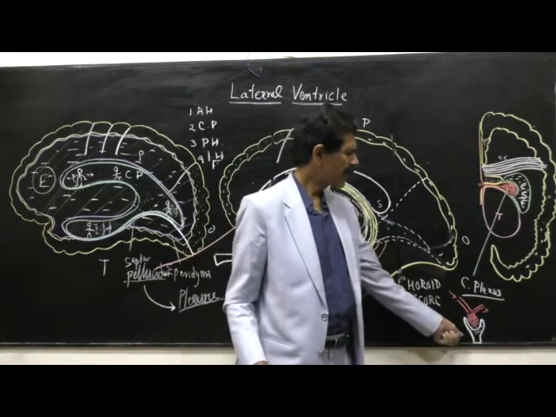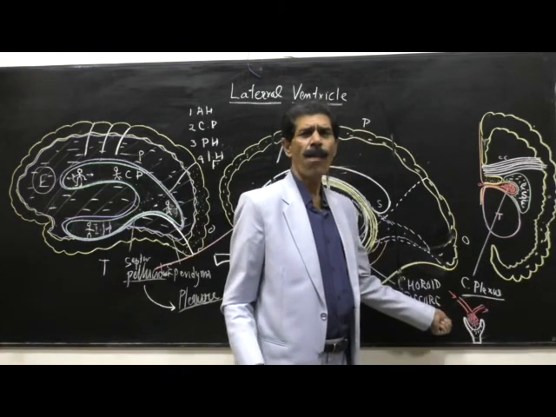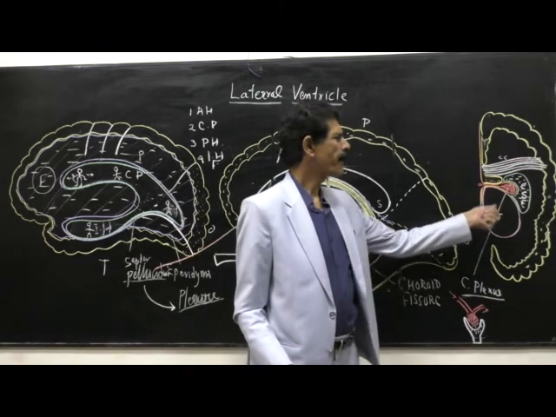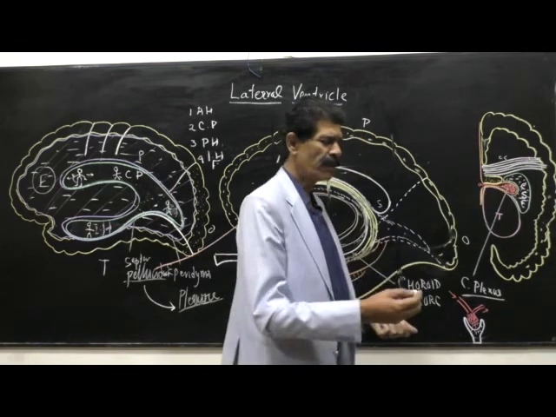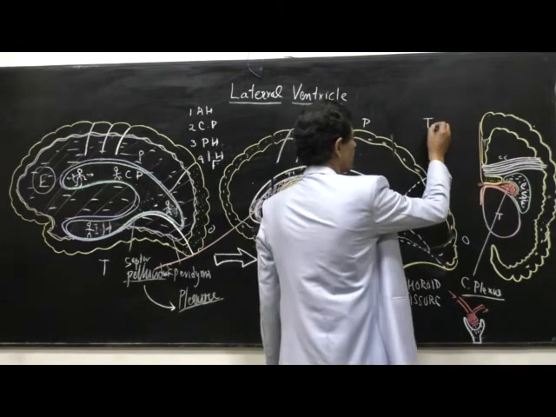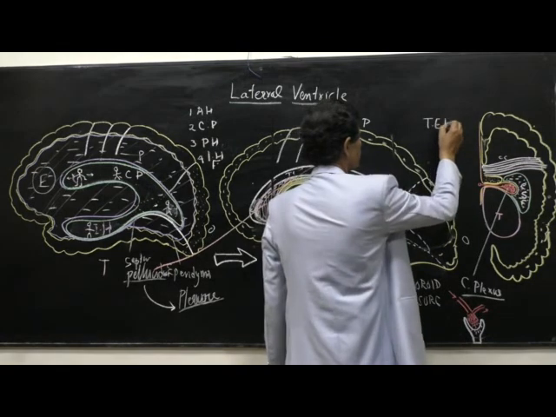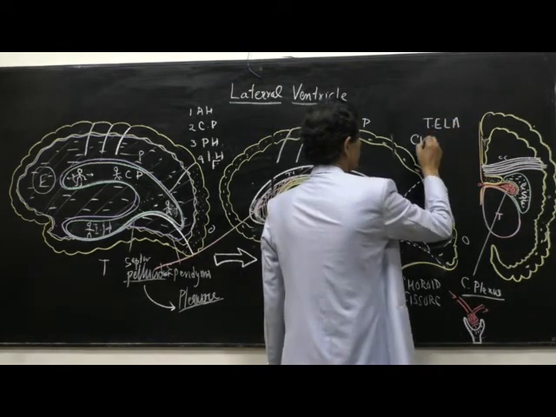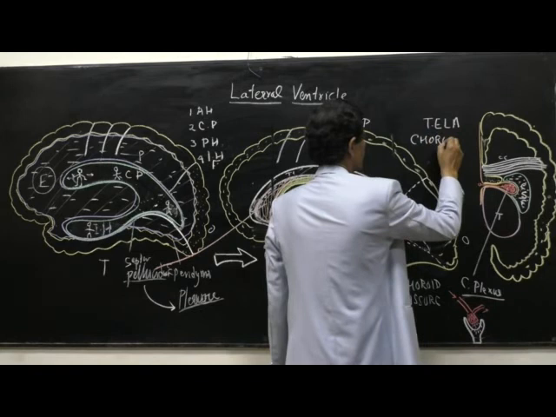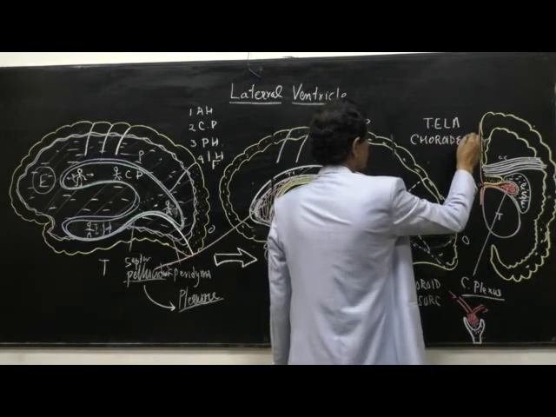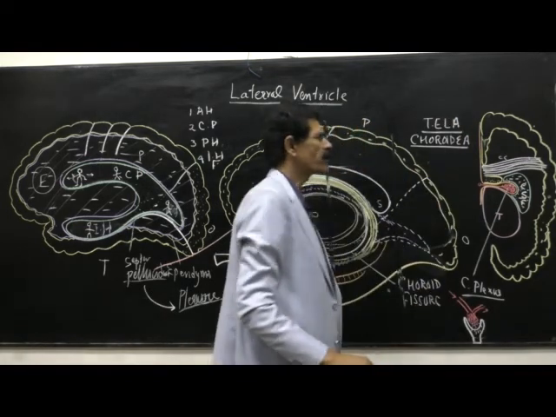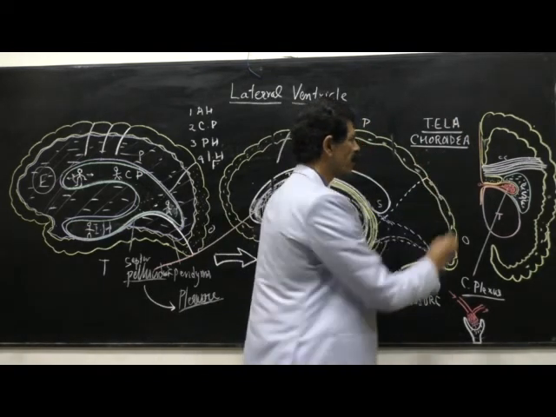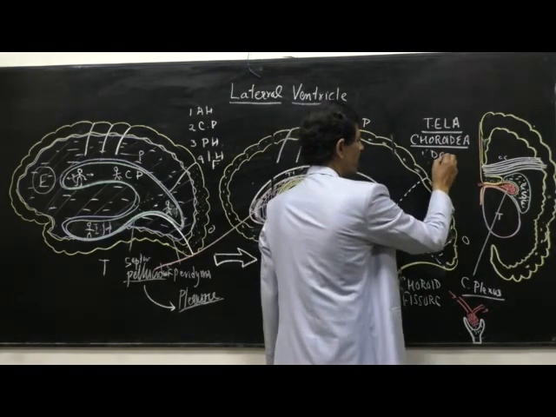So in the kidney we call it the nephron, but in the brain, what do we call this complex? We use the word choroidea. It is the choroidea. So the choroidea consists of number 1, the double fold of the pia mater.